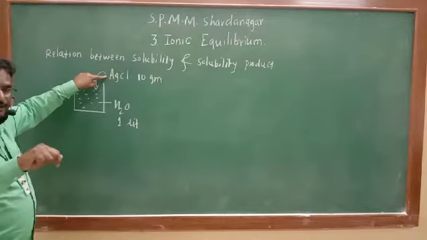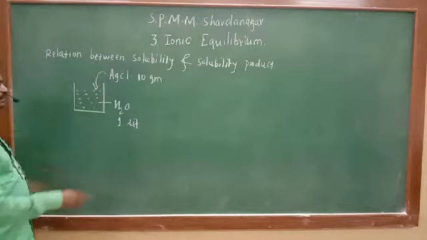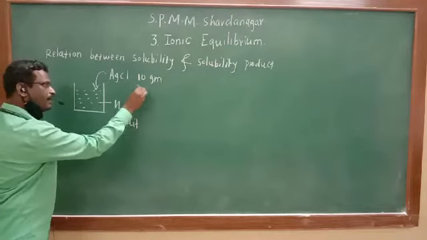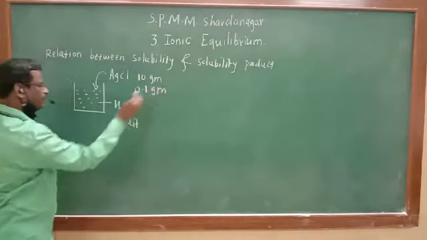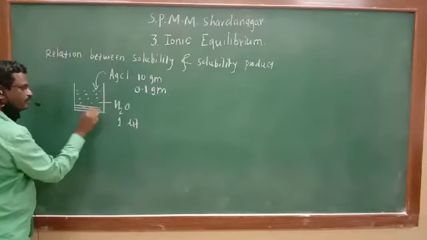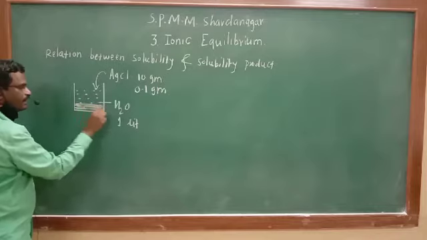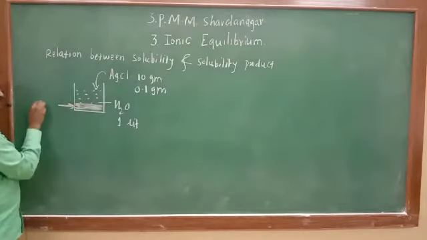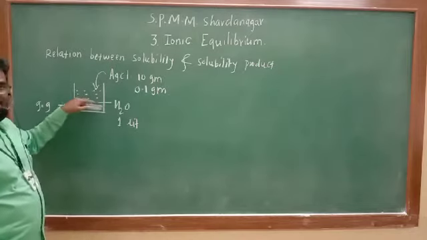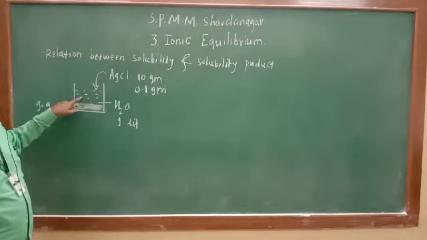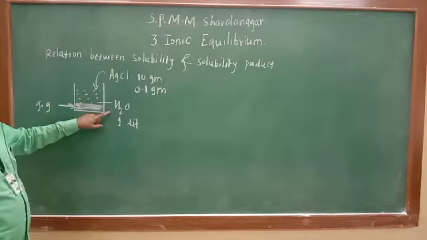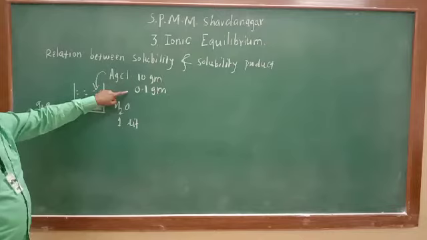But how much we have taken? 10 gram. Therefore, out of 10 gram, 0.1 gram is dissolved, and the remaining 9.9 gram settled down at the bottom, because the capacity of 1 liter of water to dissolve silver chloride is 0.1 gram.